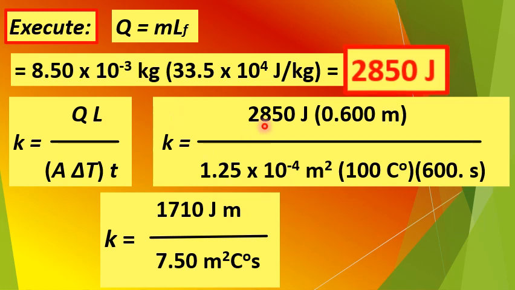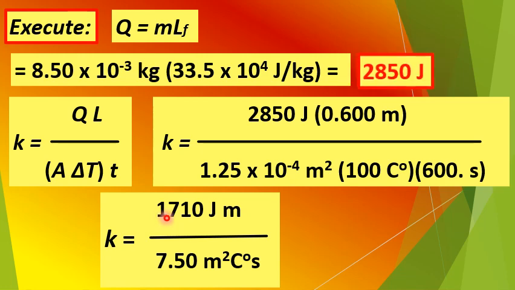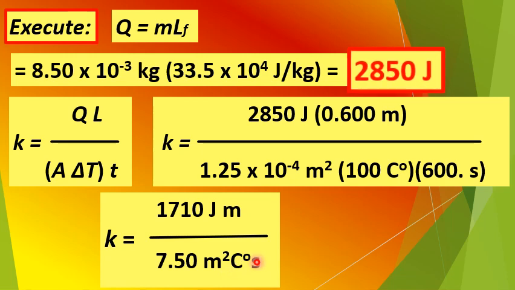First, the result of multiplying the quantities in the numerator gives us 1,710 joule meters, and the result of multiplying the quantities in the denominator gives us this value, 7.5 meters squared Celsius degree second.